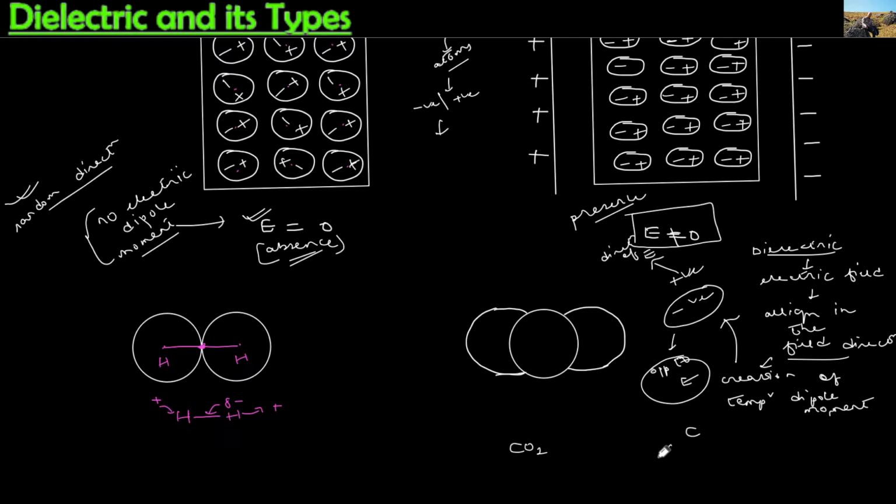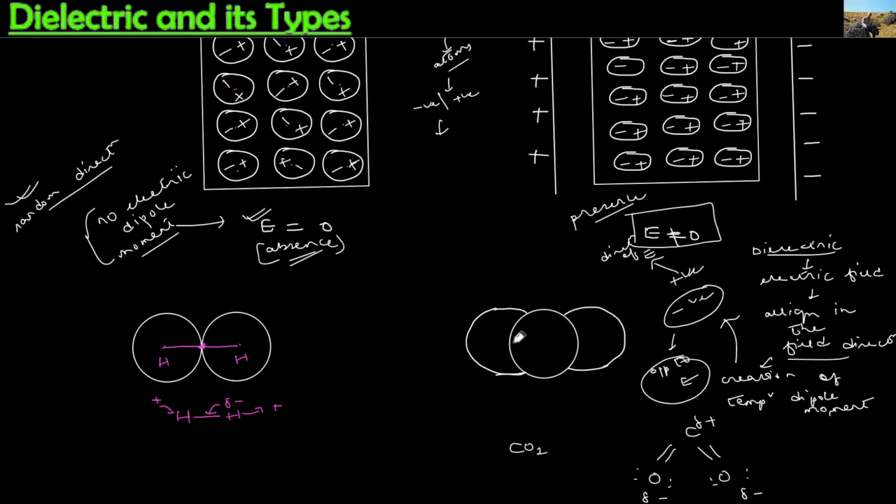We have C, with double bonds to the oxygen atoms, and the oxygen atoms have lone pairs of electrons, so they will be rich in electrons, whereas the carbon will be deficient in electrons. So this will be delta positive, and the oxygens delta negative. Carbon has charge deficiency, whereas oxygen is rich in electrons.